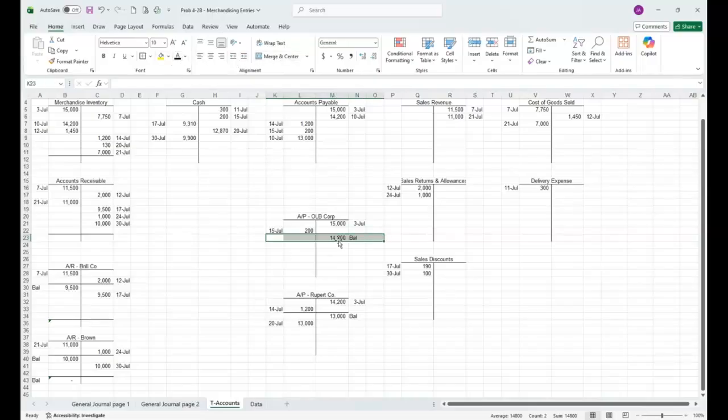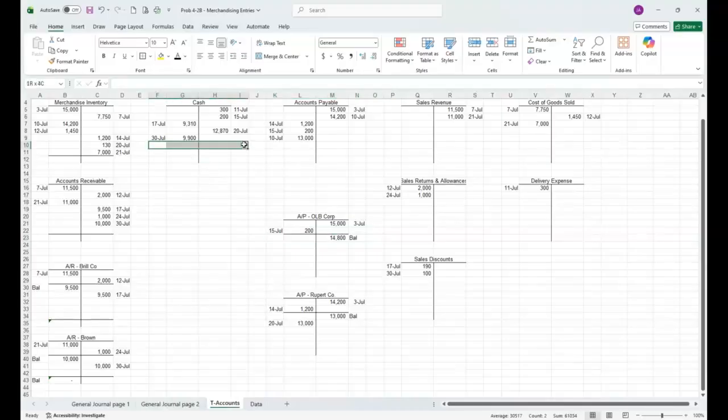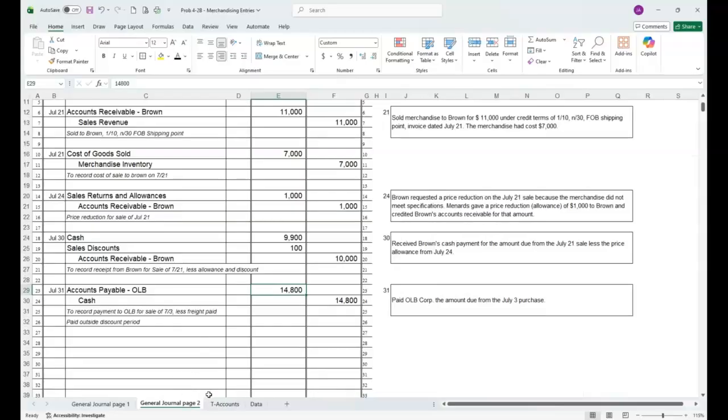We owe them $14,800, so it's just going to be a debit, $14,800 to accounts payable and the subledger, and a $14,800 credit to cash. And that's it. Debit to accounts payable, credit to cash.